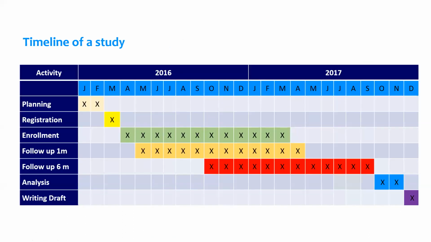التايم لاين هذه مصطلح أرجو أنكم تحفظوه مثل ما تشوفون. تتخلى الأشهر والسنوات، طبعا إذا البحث يطول سنوات في بعض الأحيان، ونبدي من البلاننج، نقول خلال أول شهرين إحنا البلاننج، الريجستريشن بالشهر الثالث، الانرولمنت نبدي من الشهر الرابع، وهكذا بالنسبة للباقي. آخر شيء رايتنج أدرافت نكتبه بعد كذا شهر. يفترض أيضا you can write in details your timeline of a study. هذا يعلمنا الحقيقة أنه نهتم بالresources.